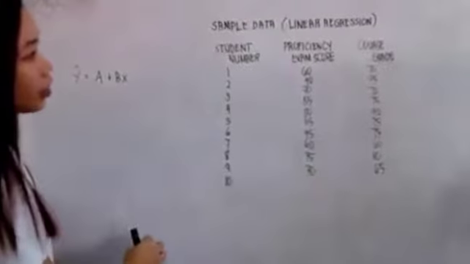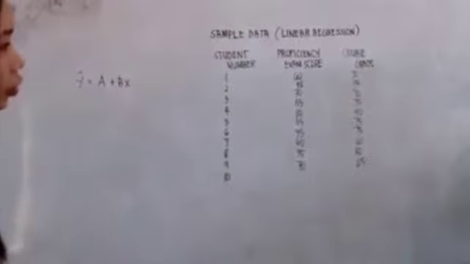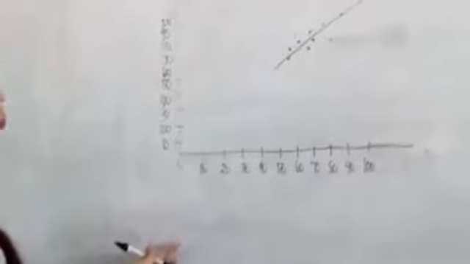Given the sample data for linear regression, we have 10 data of student number with proficiency exam scores and course grade, these being the x and y coordinates.